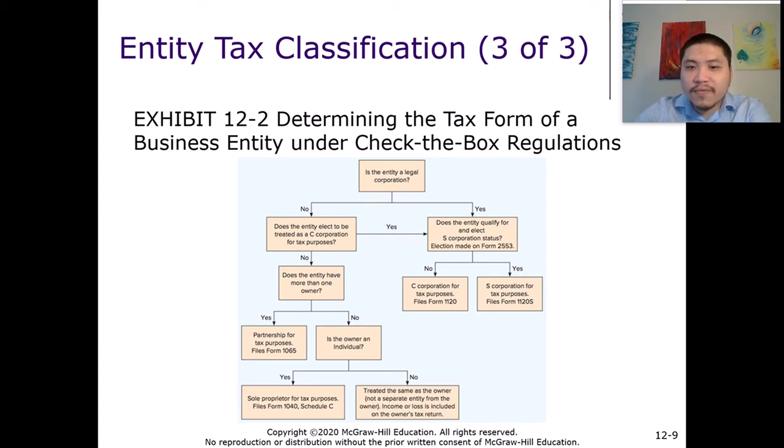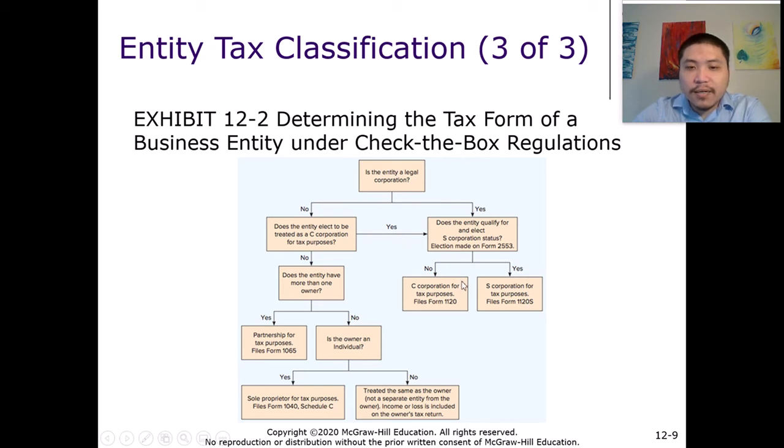If yes, then it asks whether the business can be qualified as an S corporation and you choose to do so. If yes, then you can treat the corporation as an S corporation, which is still a flow-through entity, so the business owner doesn't have to file a separate tax return for the business.